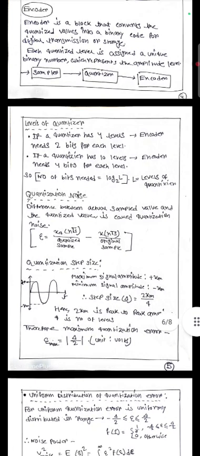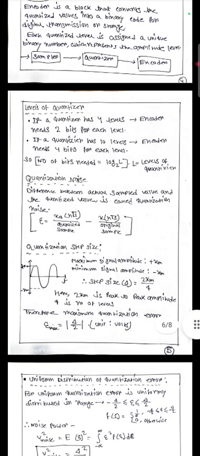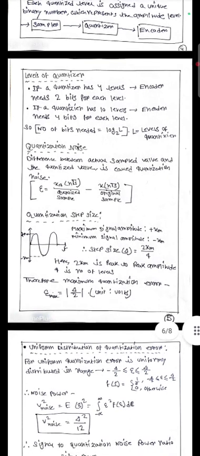Next point is quantization noise. The difference between the actual sampled value and the quantized value is called quantization noise. Here is the formula of quantization noise. And quantization step size.